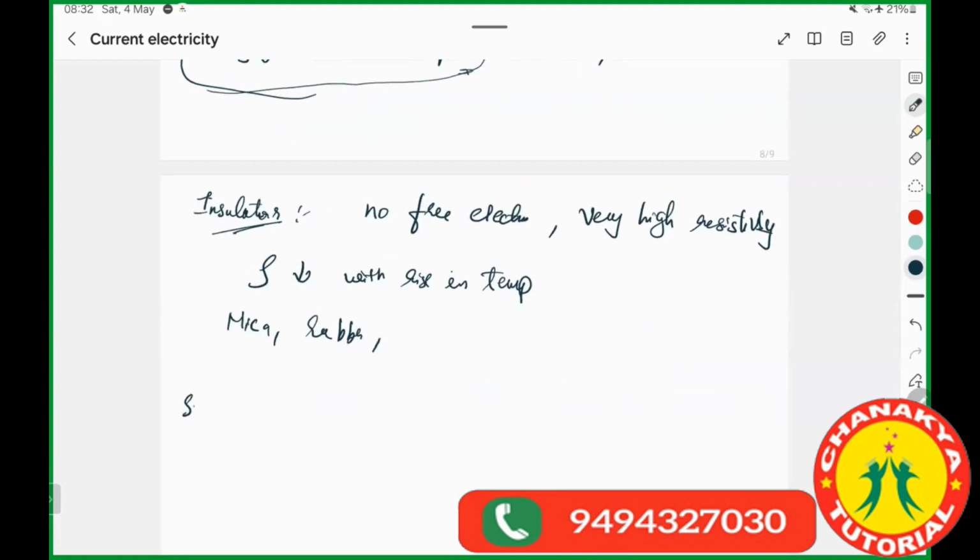Next one is superconductor. These are a special type of conductor.